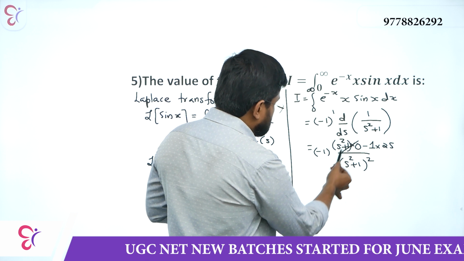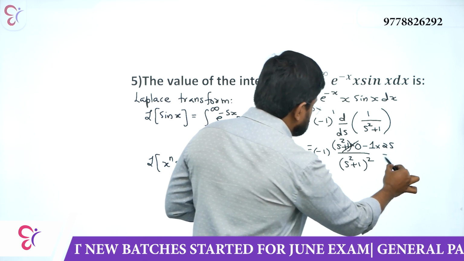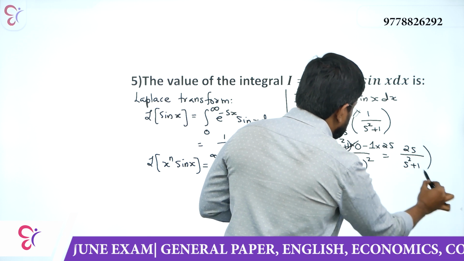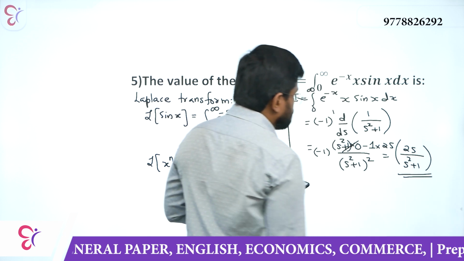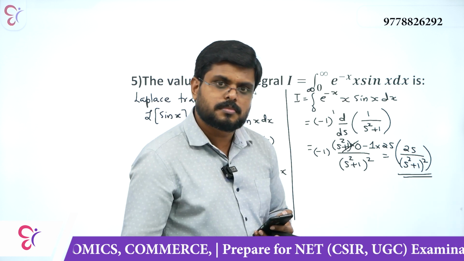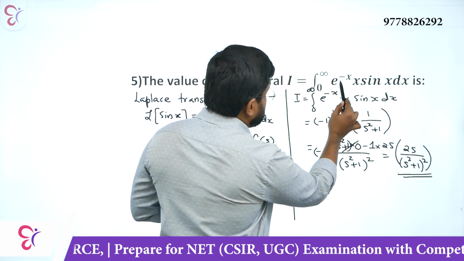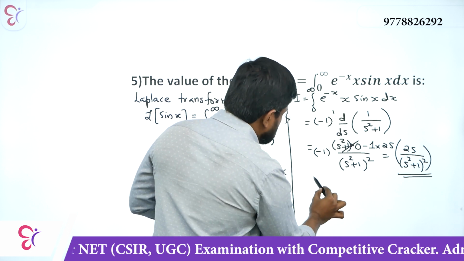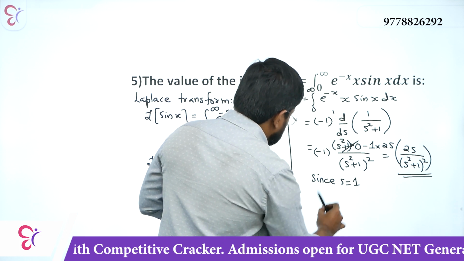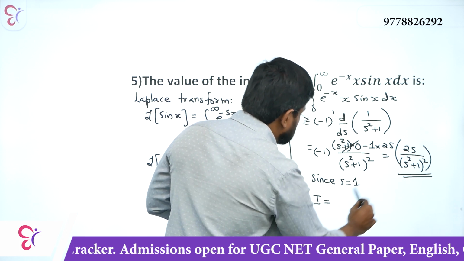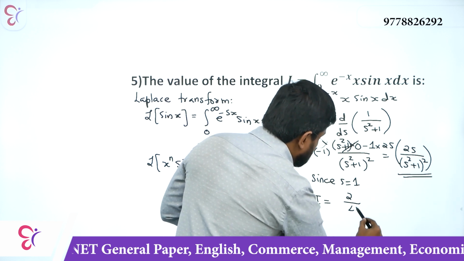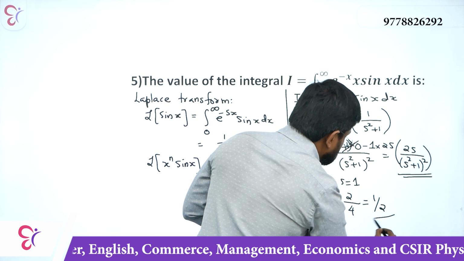So minus into minus will be plus, so 2s divided by s square plus 1 whole square. Clear? Since s is equal to 1, the value of integral I is equal to 2 divided by 1 plus 1 whole square, that is 2 by 4. So the value of the integral is 1 by 2.